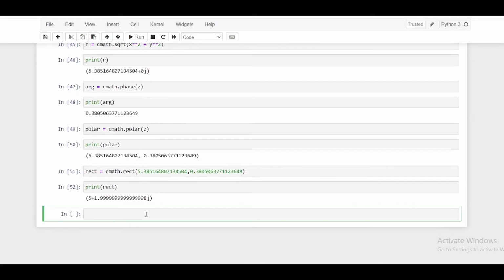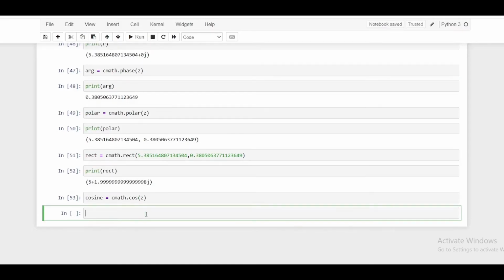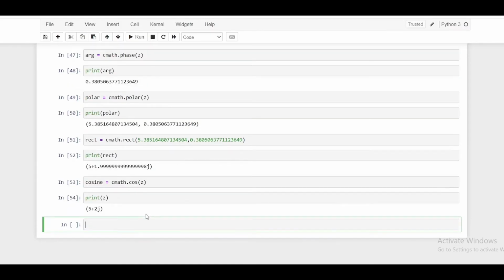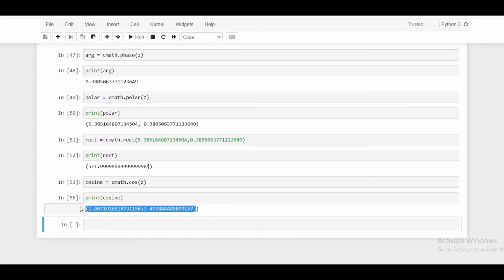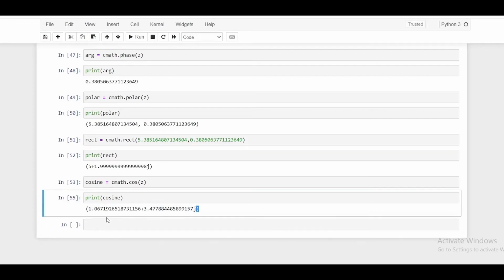So next, let us try and see what the constants are which are present in the cmath module. We can also try other methods such as dot cos to find the cosine of a given complex number. So by printing cosine, we can see that it prints out the cosine of the given complex number. Here in this case it is 1.067 plus 3.4778.